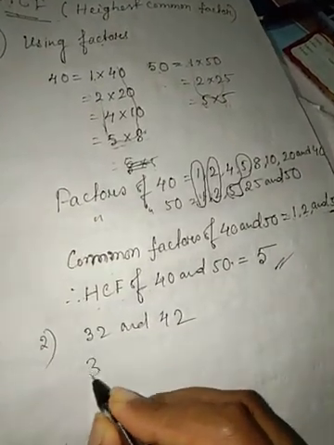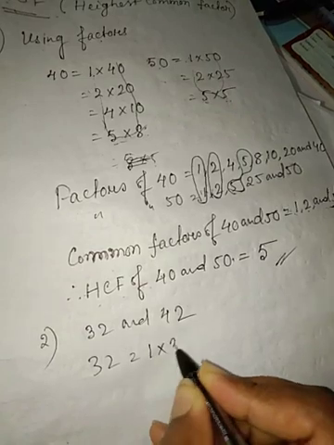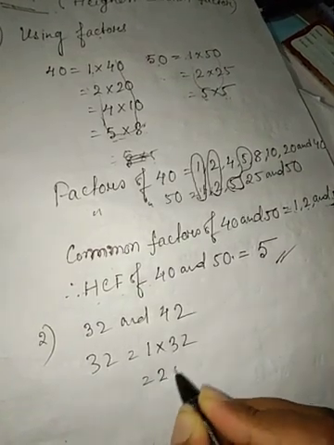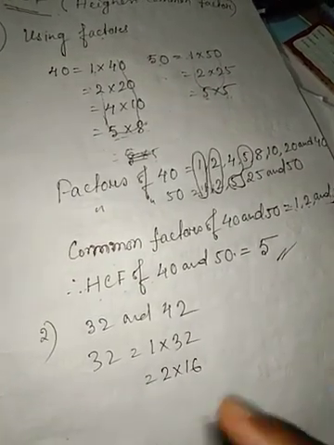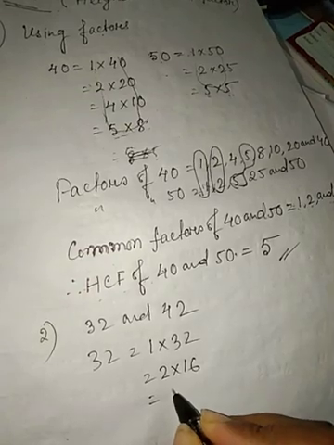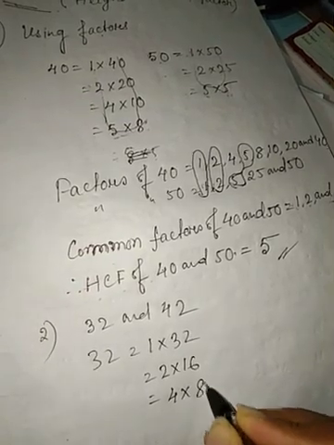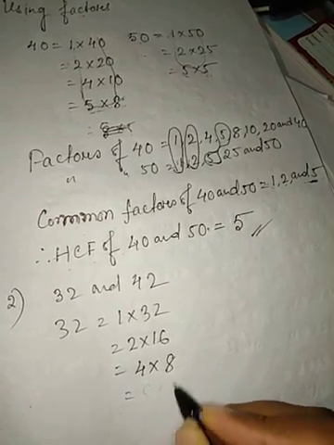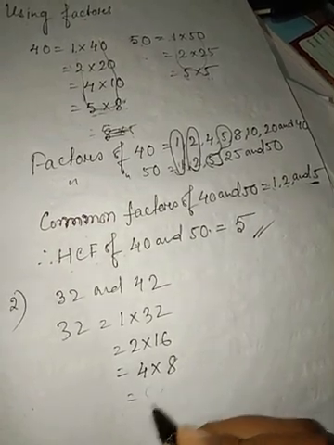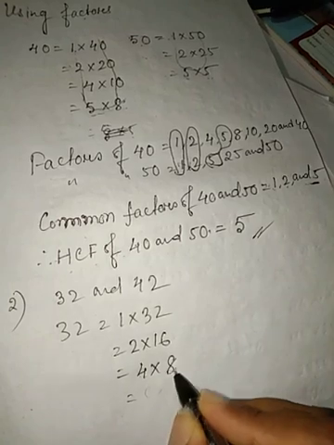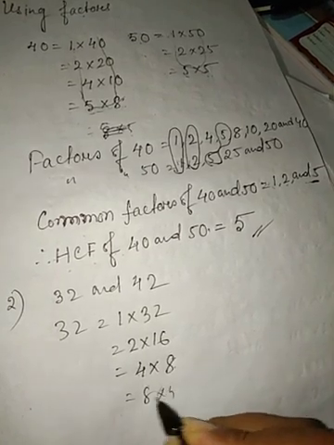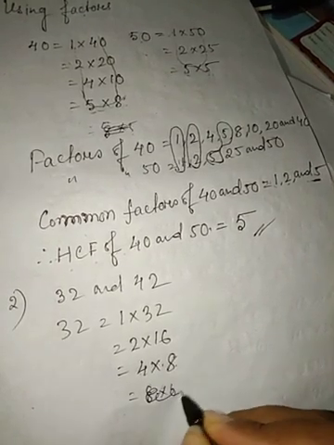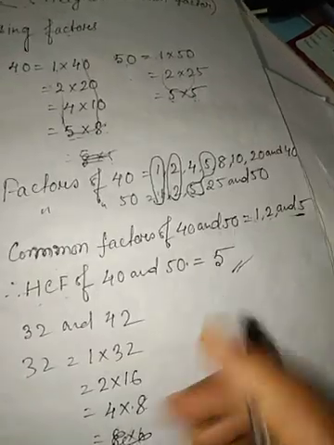Now see how we find the factors of 32. 1 into 32, 2 into 16 is 32. Also 4 into 8 is 32, or we can write 8 into 4, but both are the same, so you don't write 8 into 4 here.